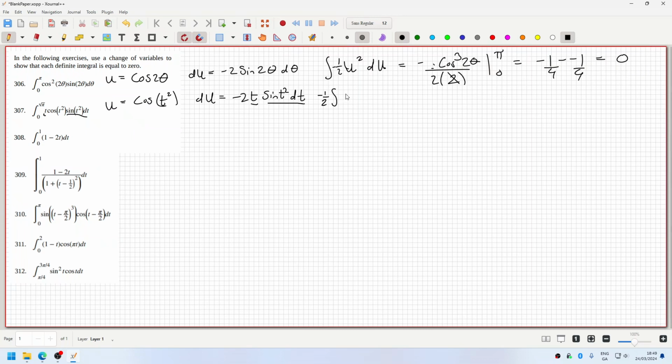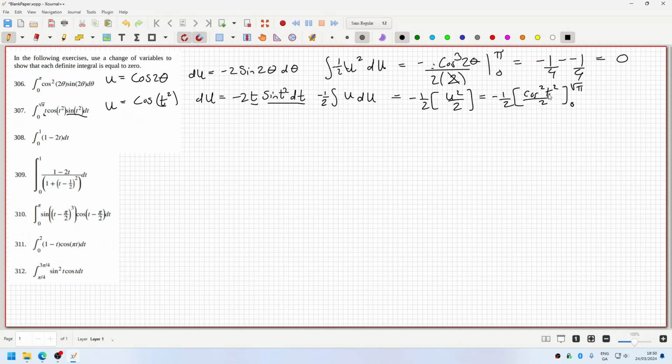So that would be u du. So that would be minus a half u squared over 2. So that's minus a half cos squared t squared over 2, 0 to root pi.